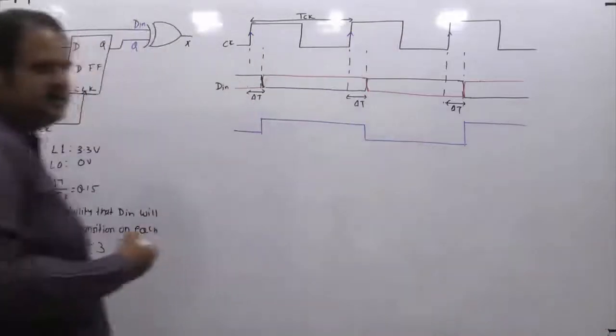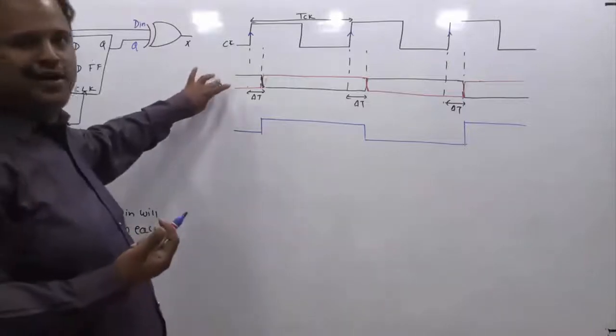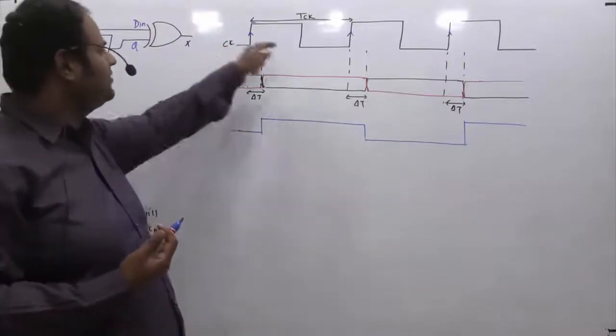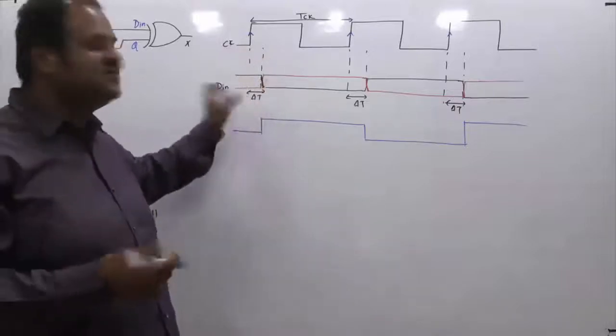Whether it changes 0 to 1 or 1 to 0 doesn't matter. That's the reason they have shown both possibilities. In one particular cycle, it can change from 1 to 0 or 0 to 1. The probability of the change is 0.3.